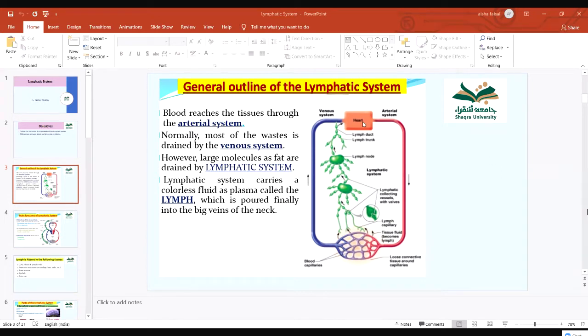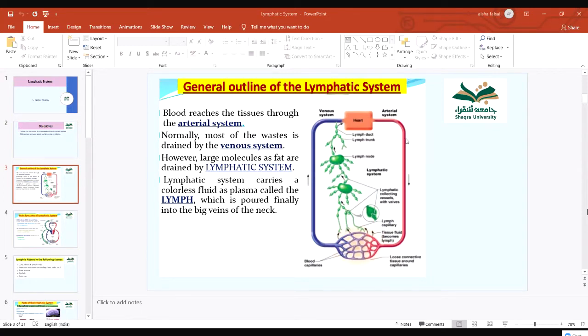You can see the heart is pumping the blood. This is the arterial system taking the blood towards the organs. Then it breaks into arterioles, then into capillaries. Then capillaries unite again to form venules, then veins, and ultimately it goes back to your heart.